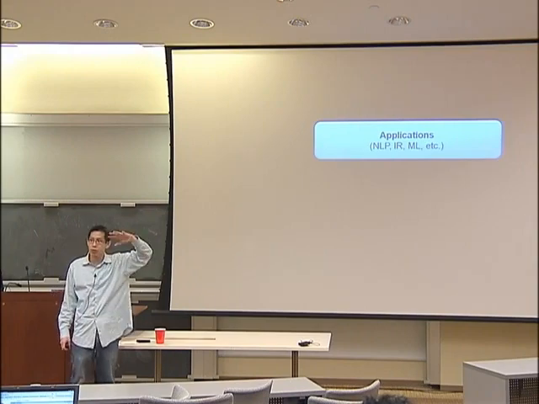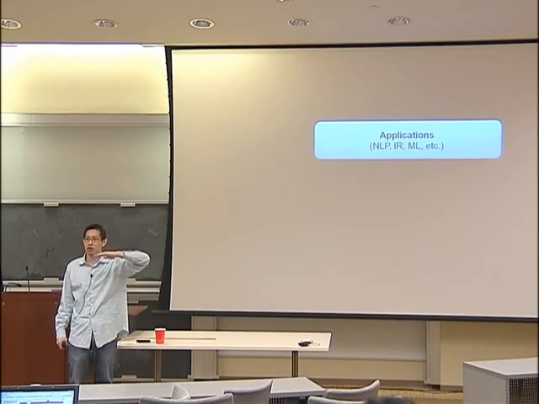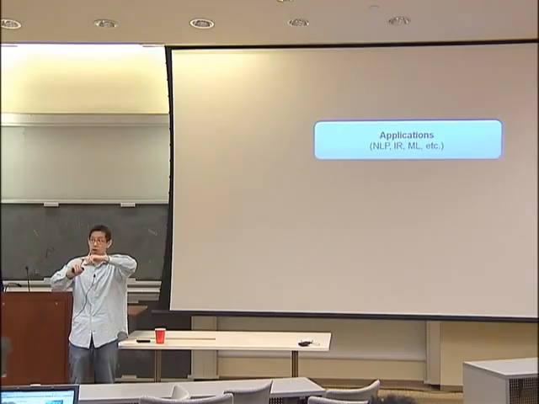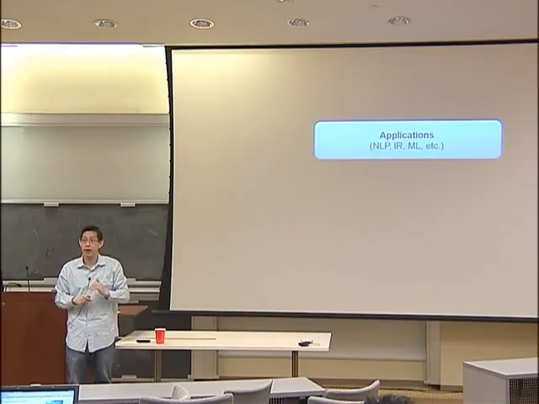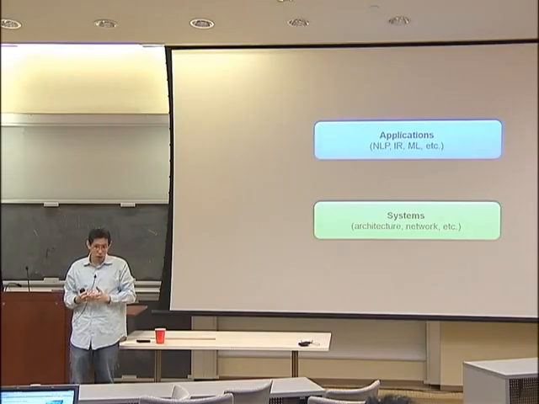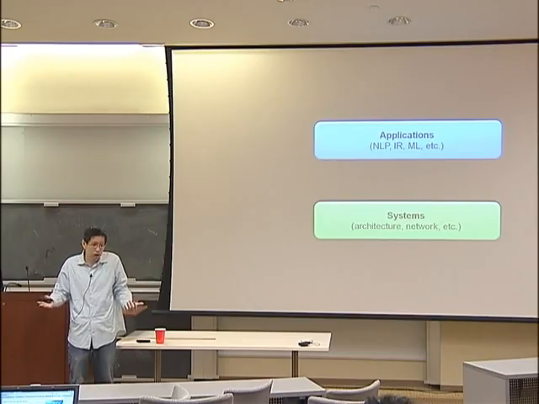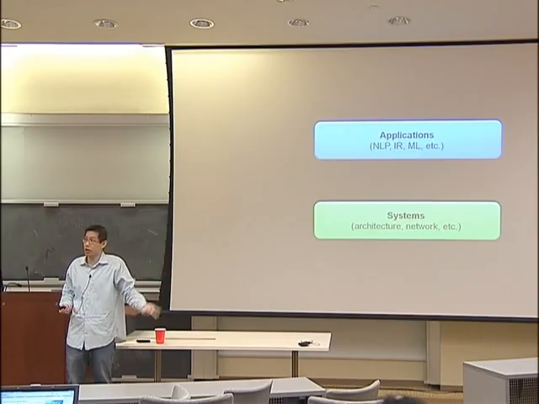On the top, you're going to have driving applications: applications in NLP, information retrieval, machine learning, text mining, in vision and graphics, whatever. And at the bottom, you're going to have systems, actual hardware, and people that work on systems architecture and networks.